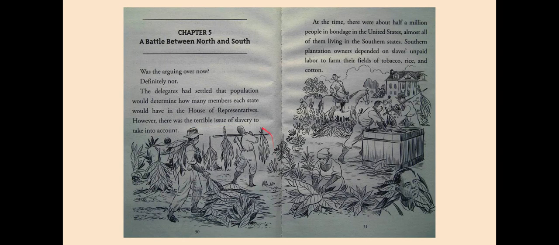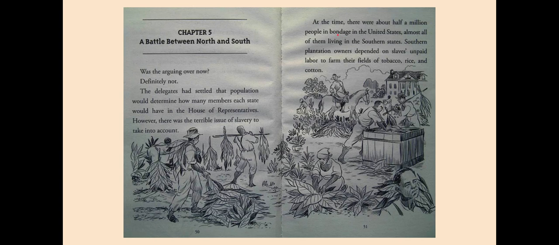Oh, so that's probably what this picture is showing us, that these are probably slaves at work. At the time, there were about 500,000 people in bondage in the United States. I'm going to stop here for a second. When we use the word bondage back in the old days, that referred to people being enslaved.